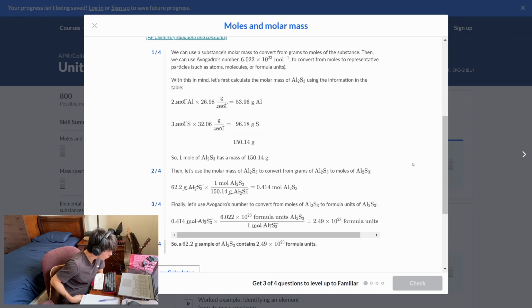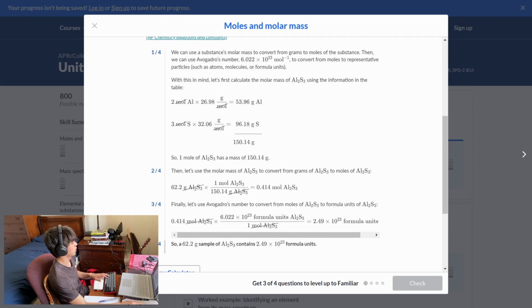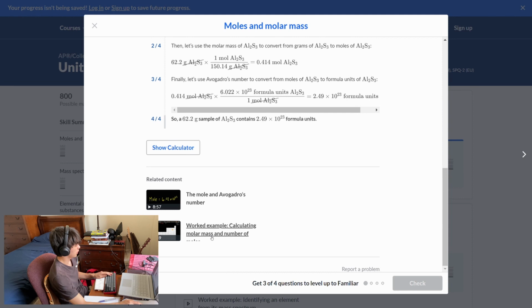What are we looking for though? I know what Avogadro's number is.